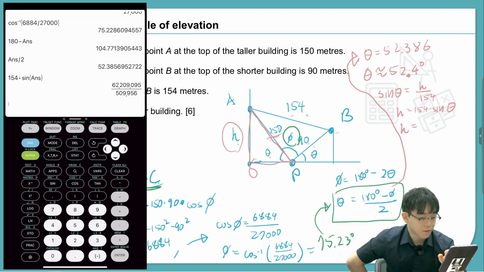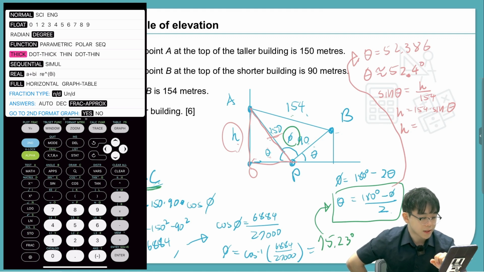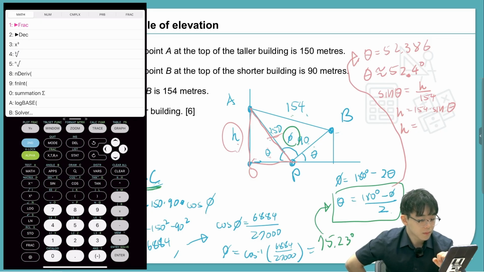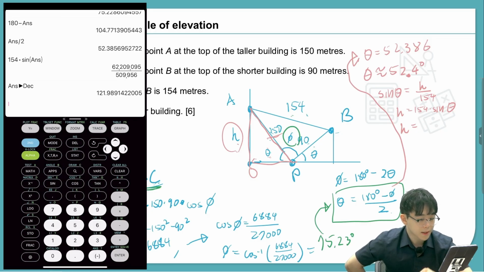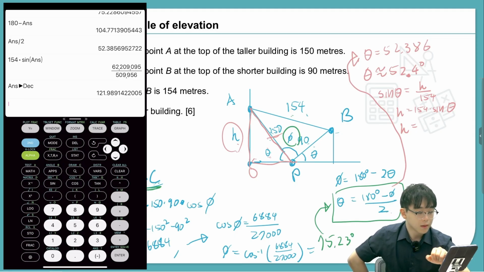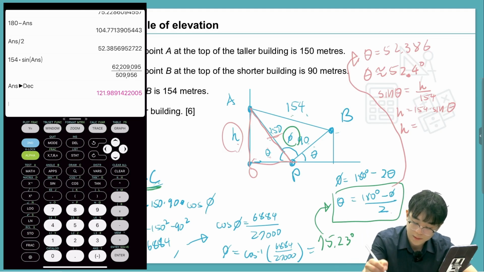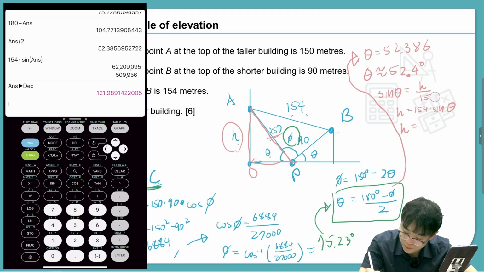And if I convert that into decimals, okay, I get 121.989. So that'd be, oh, it's actually 150, right? So h over 150 is equal to sine theta.